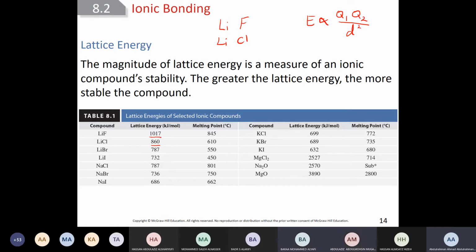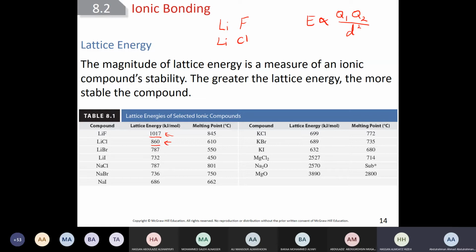Yes, higher charge. What? Because the distance between the two ions is closer, so separating them is harder. Look at the numbers. The size of fluorine is less, so the distance is less.